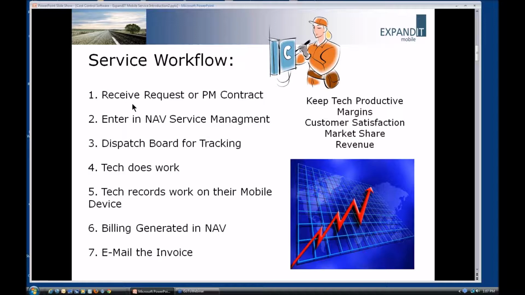Either somebody calls in and says, hey, something's broken, please come fix it, or you've got a preventative maintenance contract with that customer and it's time to go do maybe an oil change or change filters, batteries, whatever it might be. That initiates the need for some service work.